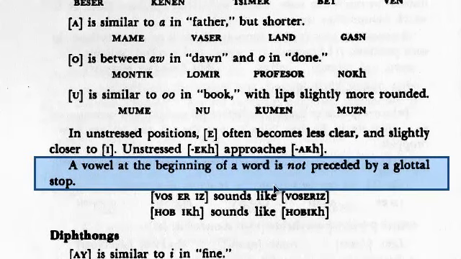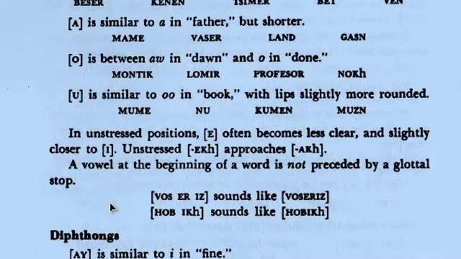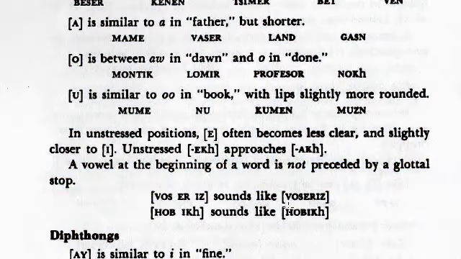If a vowel is at the beginning of the word, it's not preceded by a glottal stop, so you don't make a pause before the vowel. Let me read this. Was is, aber. Was is, aber. So here you have 3 different words. Was is, and there are no breaks between them.